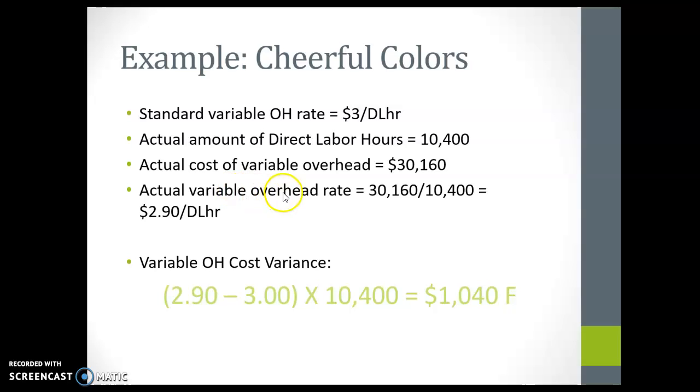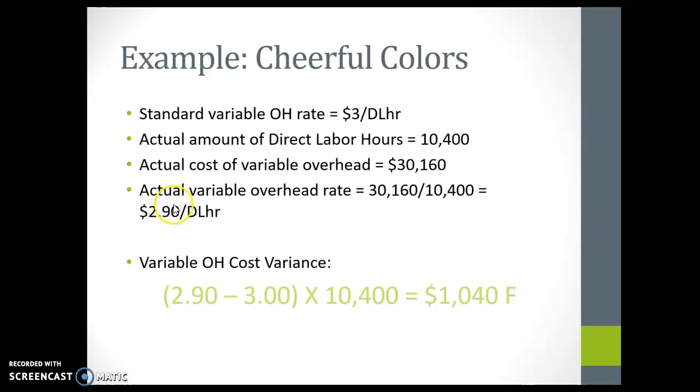So our actual variable overhead rate is our actual variable overhead cost divided by our actual number of direct labor hours, and that tells us that what we actually were paying was $2.90 per direct labor hour for variable costs. So that's our actual cost per unit for variable overhead, $2.90.